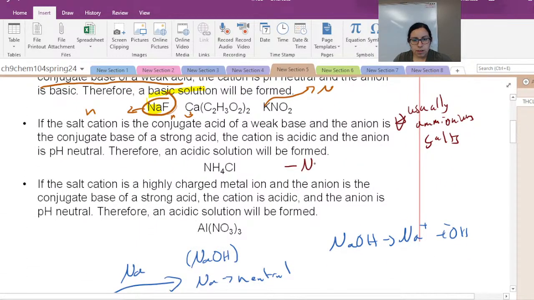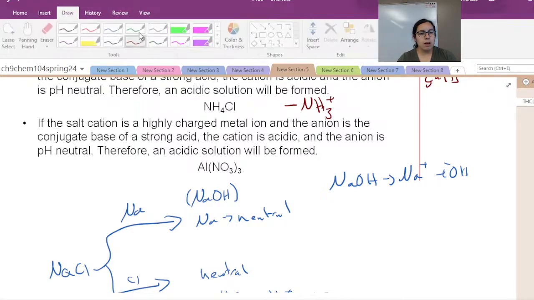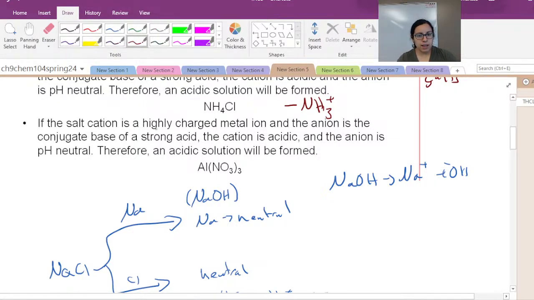And I'll just write there methylammonium as well, just so we can remember. So some sort of ammonium variation. And then the last little thing we mentioned was if we have a highly charged metal ion, so usually aluminum, but it could be any other metal, iron, manganese, et cetera.